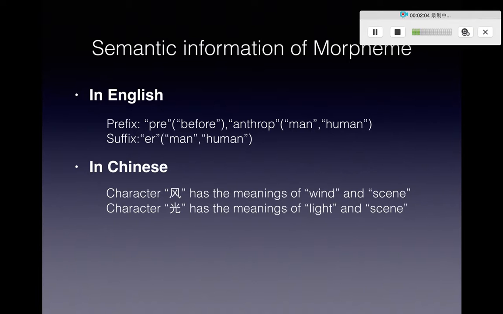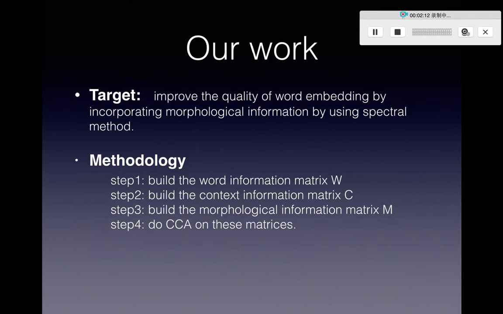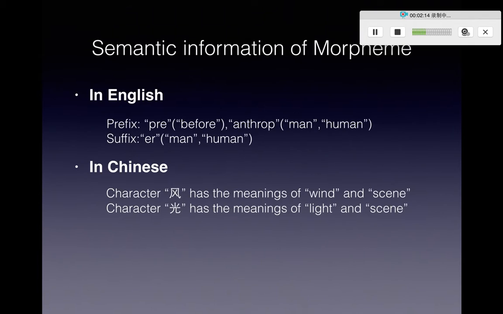In Chinese, the character feng has the meanings of wind and sing. The character guang has the meanings of light and sea. However, in traditional word embedding models, this meaningful internal semantic information is ignored.